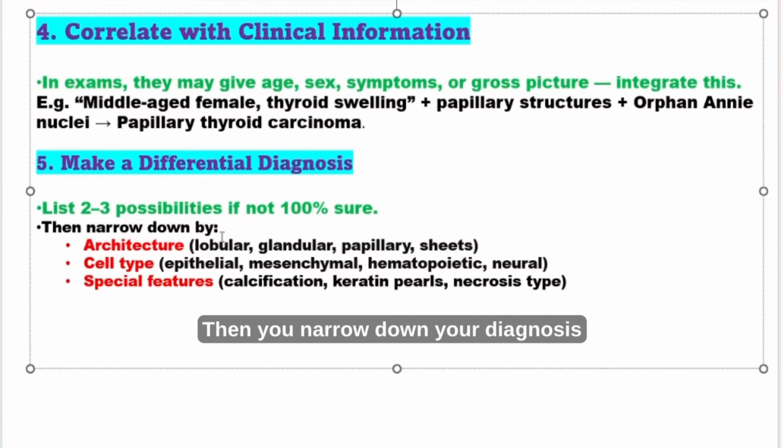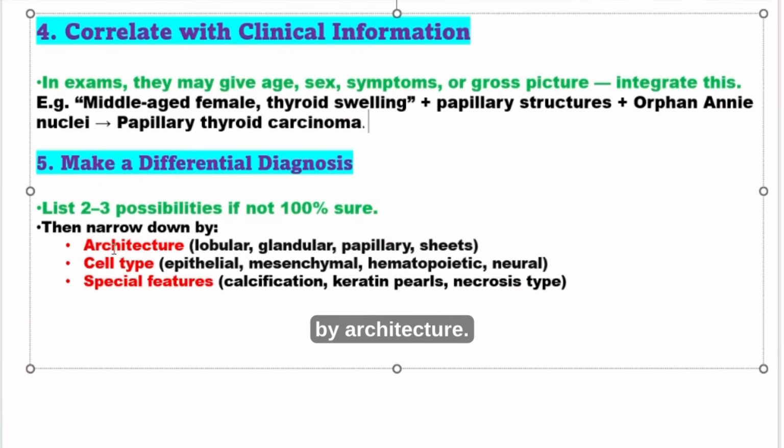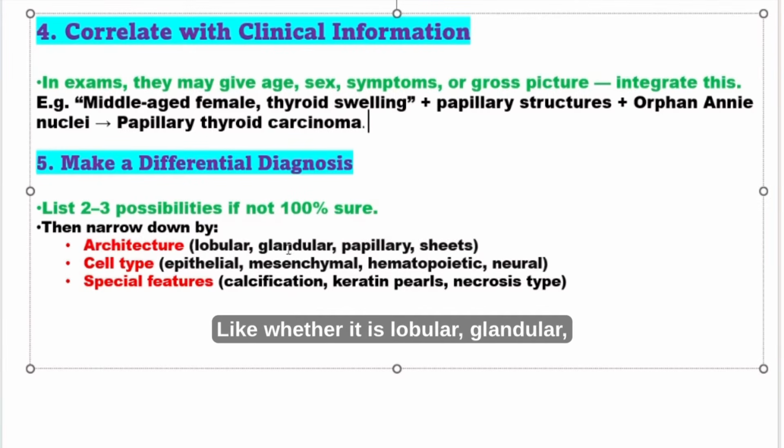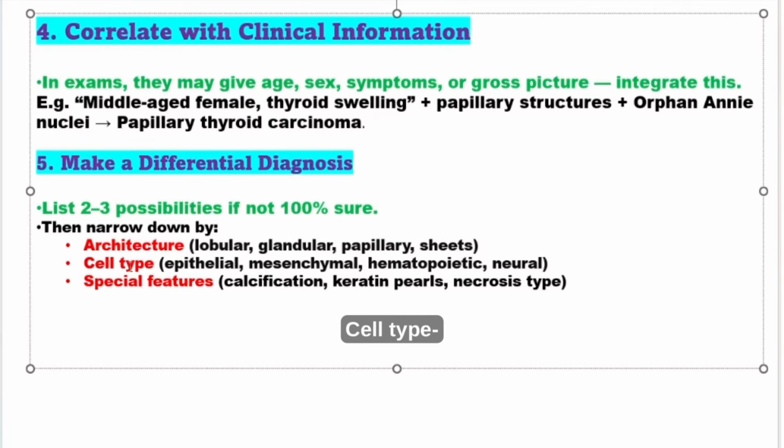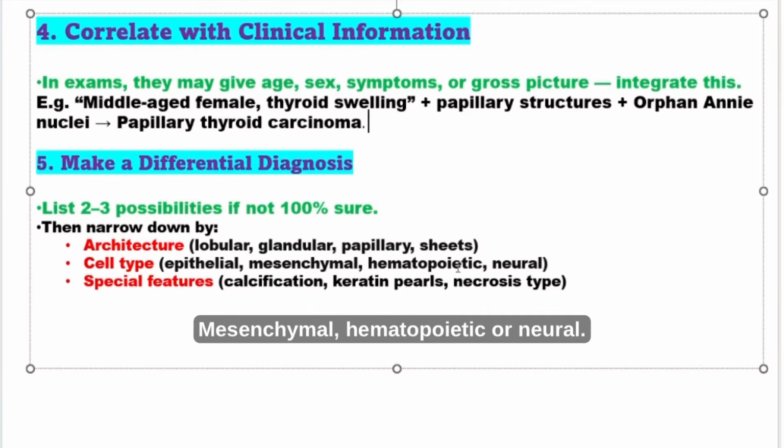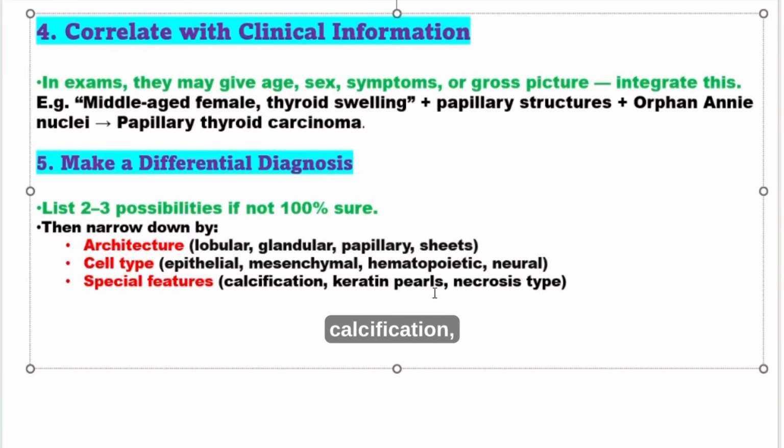Then you narrow down your diagnosis by architecture, whether it is lobular, glandular, papillary or in sheets, and by cell type, epithelial, mesenchymal, hematopoietic or neural. Also special features like presence of calcification, keratin pearls or type of necrosis.